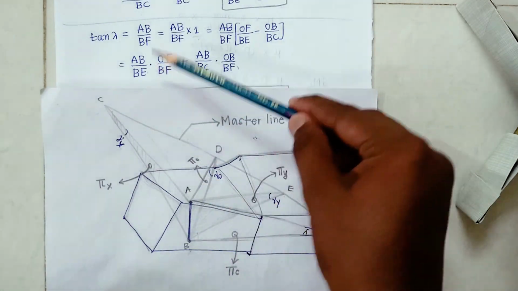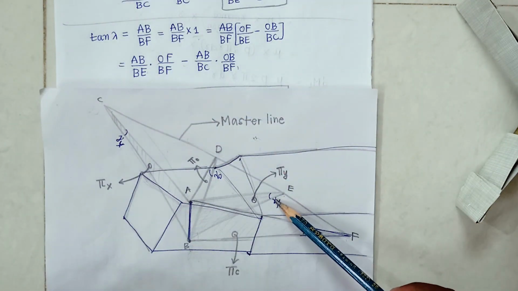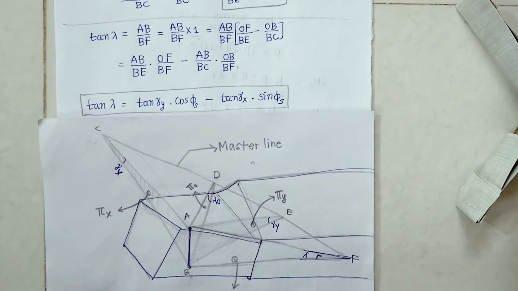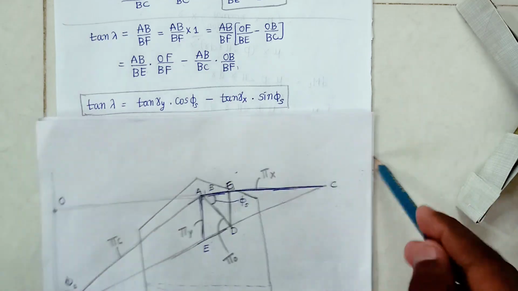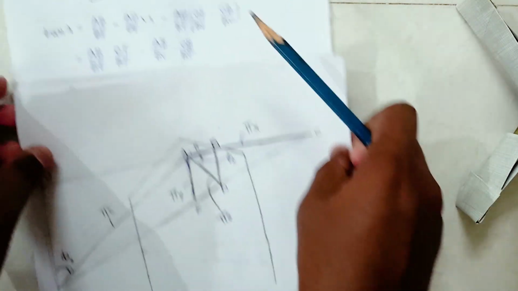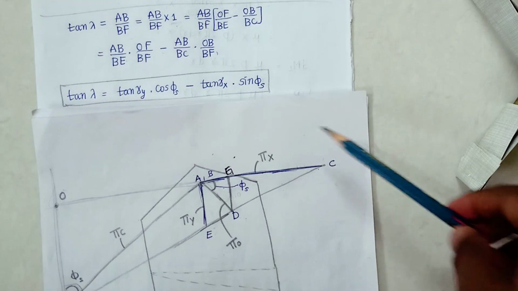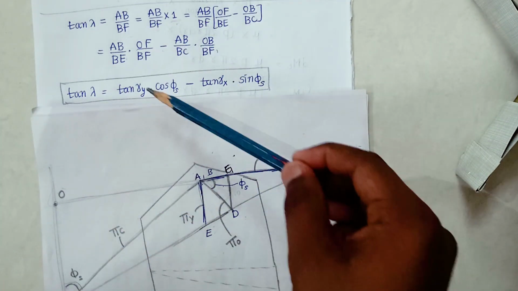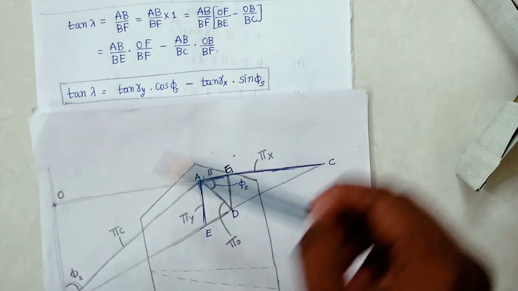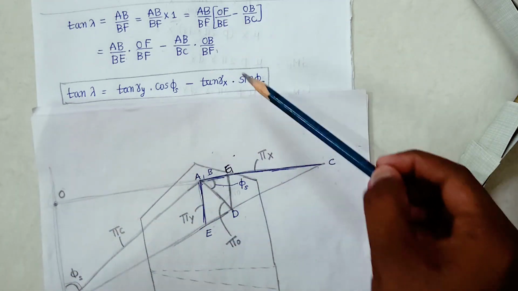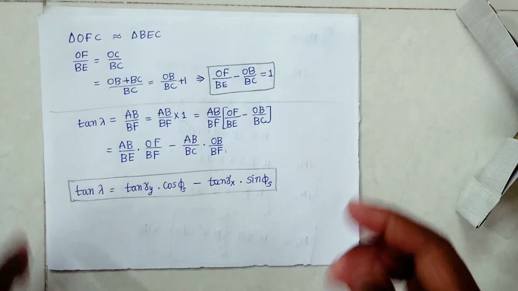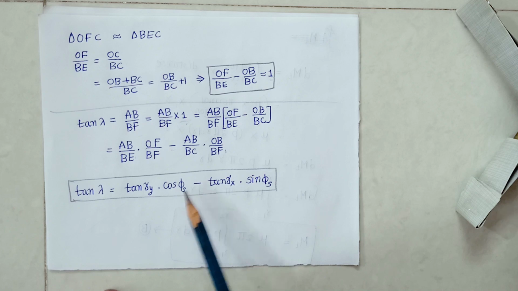Now from this figure, AB by BE is tan gamma y and AB by BC is tan gamma x. From this figure, OF by BF is cos phi s and OB by BF is sin phi s. There you have the formula: tan lambda is equal to tan gamma y into cos phi s minus tan gamma x into sin phi s.